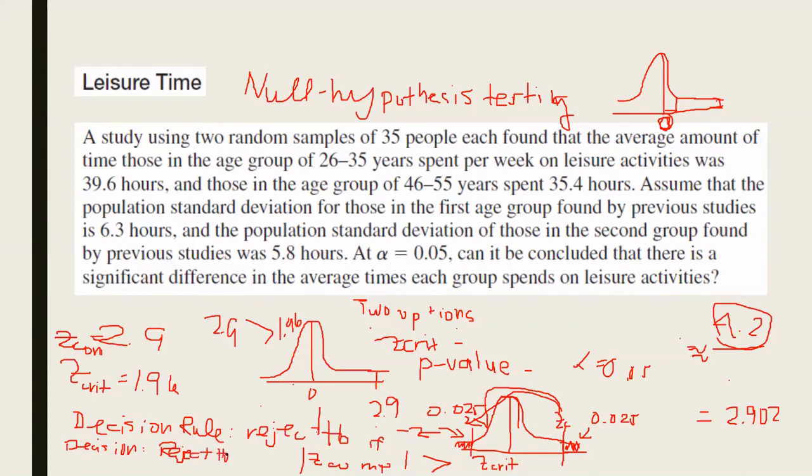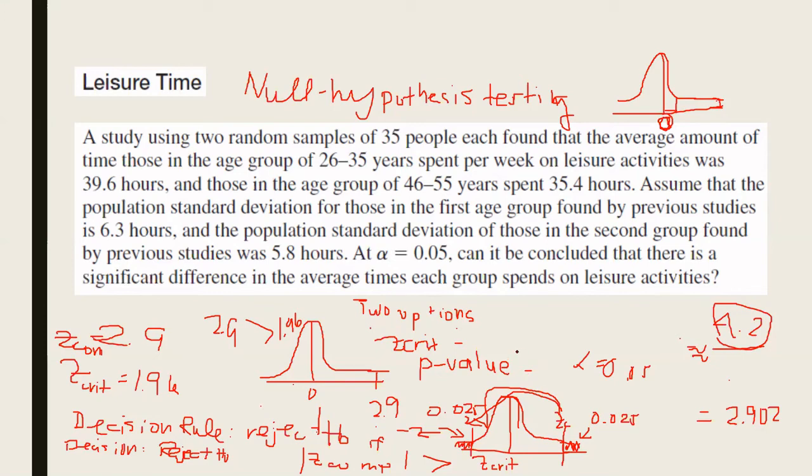So we can say, based on the data that we have, that we have enough evidence to show that there is a significant difference in the average time for each group. Yan yung ating magiging conclusion. So that is actually using the Z critical.